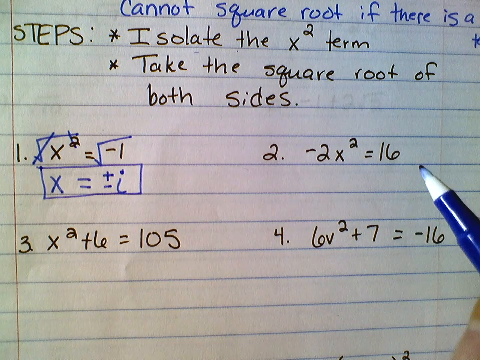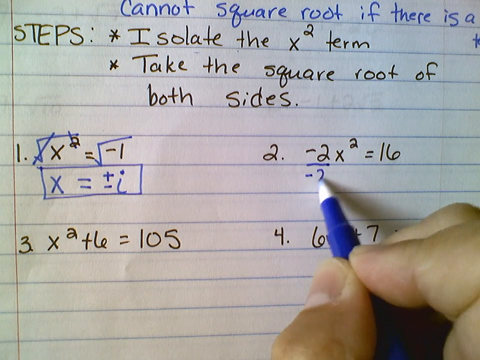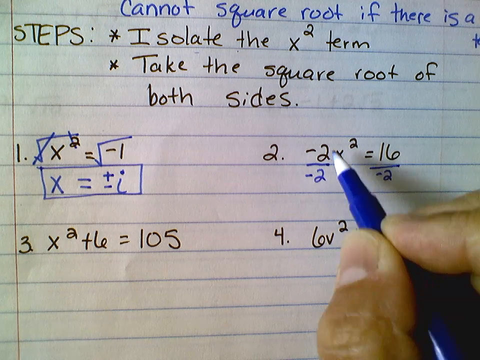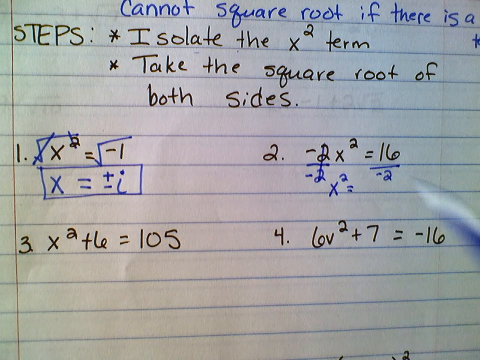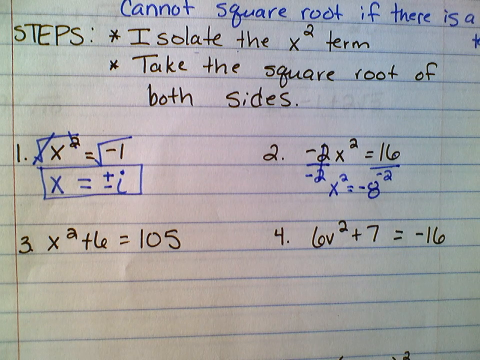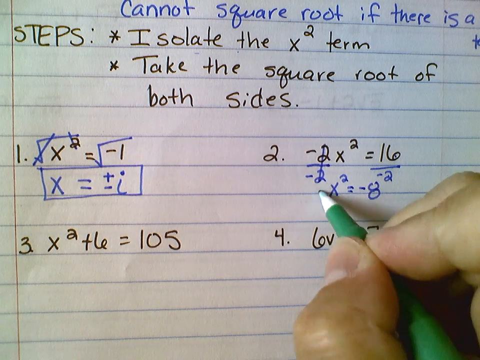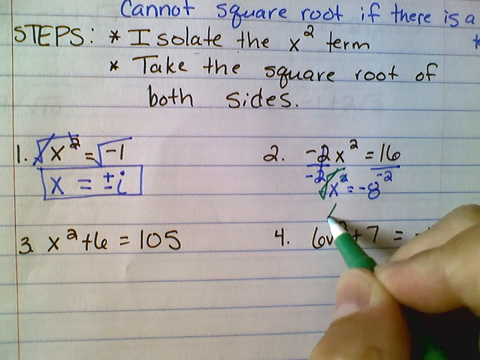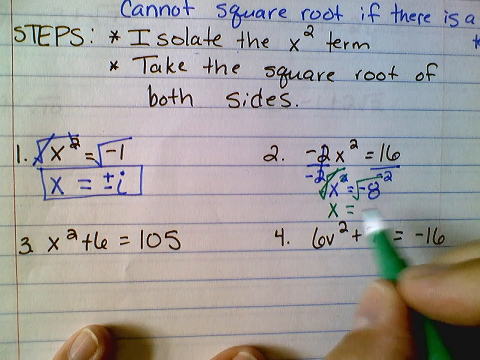If we look at number 2, the first thing we have to do to isolate the x squared is to divide by the negative 2. So that gives me x squared equals 16 divided by negative 2, which is negative 8. And then, since the x squared is isolated, we are ready to take the square root of both sides.